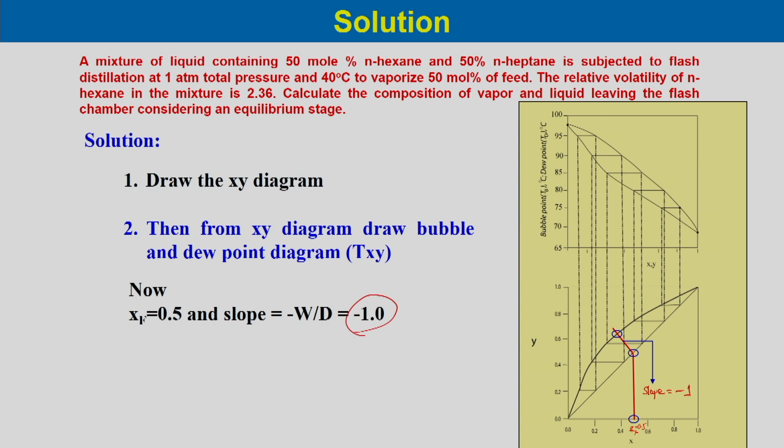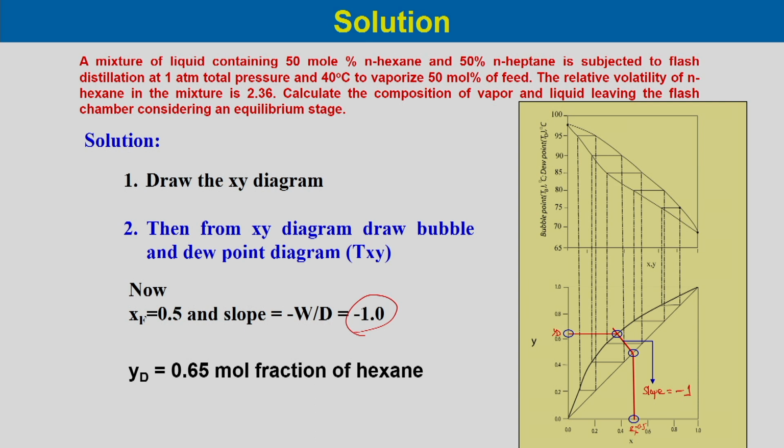So, we locate the intersection point between this line and the equilibrium curve, and then go horizontally to the y axis, where we get YD. So, here it is YD, which is about 0.65 mole fraction of hexane. This gives the composition of the distillate, YD.